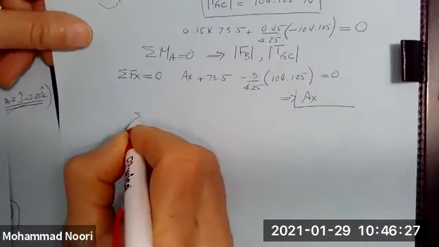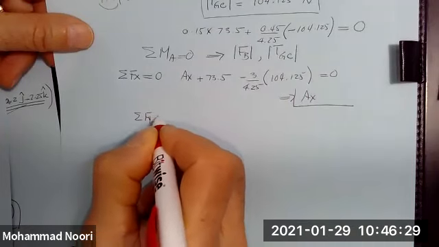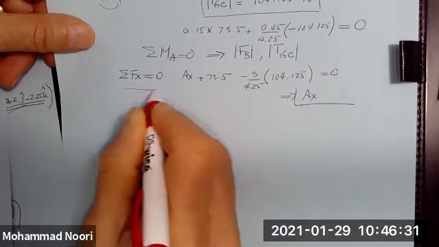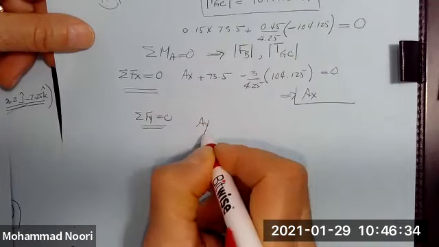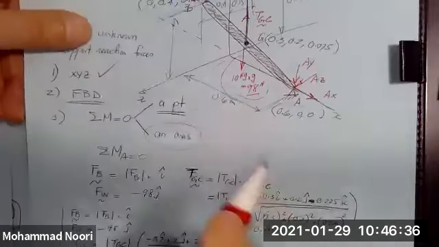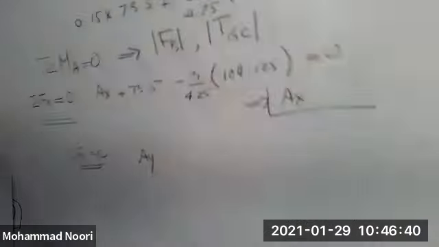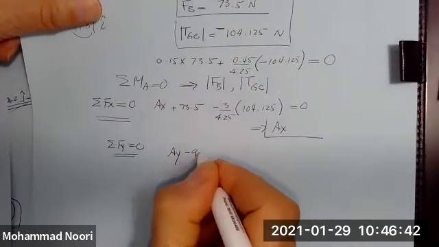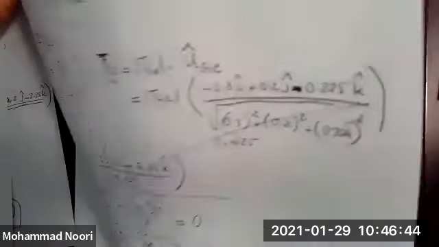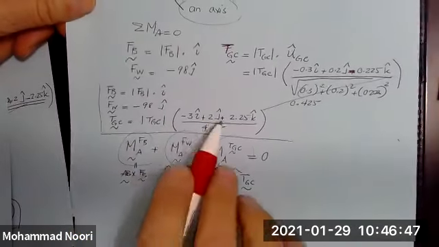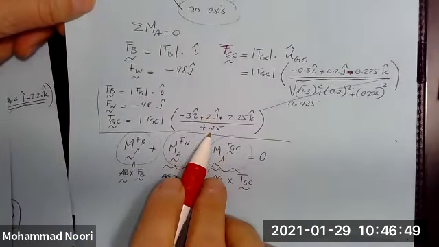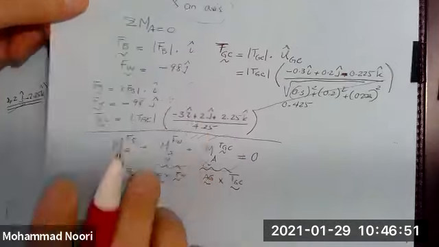You do the same thing for summation of forces along Y is equal to 0. Now you have AY. This force has a component in the negative Y direction, so negative 98. This one has the component 2 over 4.25, right?